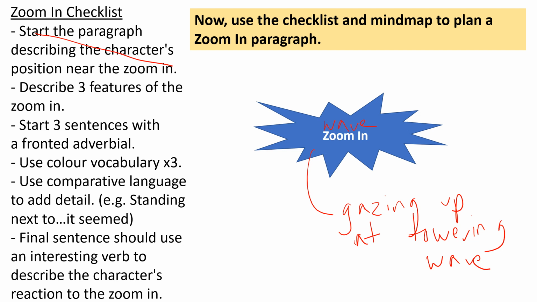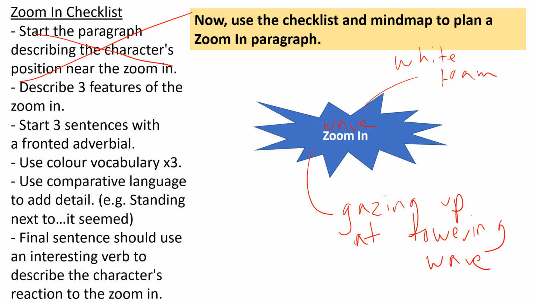That's that step done. Then I want to describe 3 features of the wave. I'm not describing anything else other than the wave. I'm going to sound like a broken record, but it's really important that we stay focused here. So 3 features of the wave. I might talk about the white foam at the top of the wave.